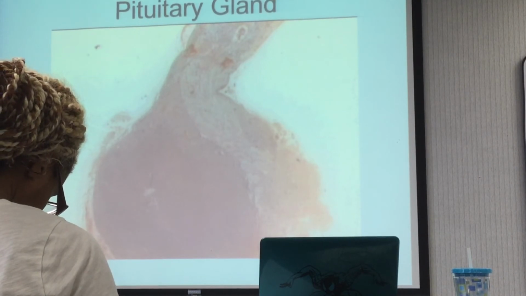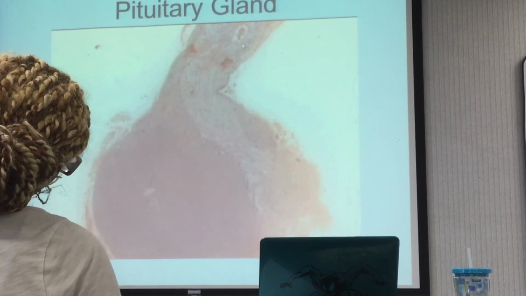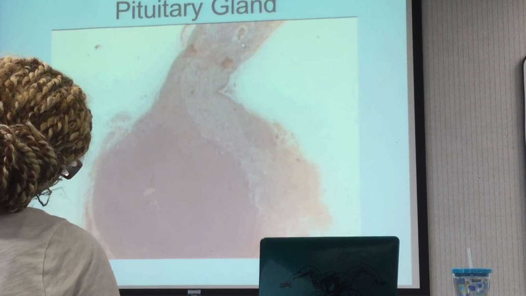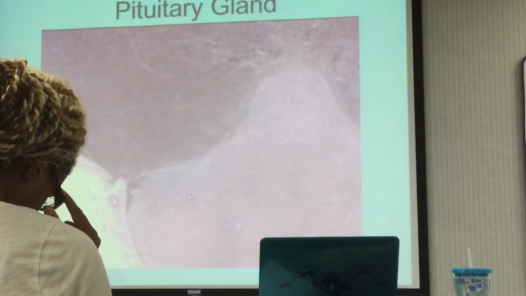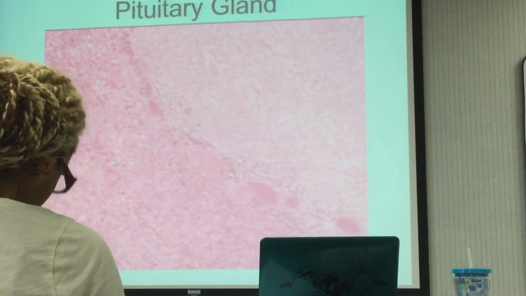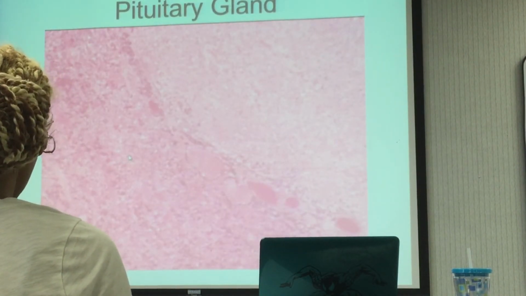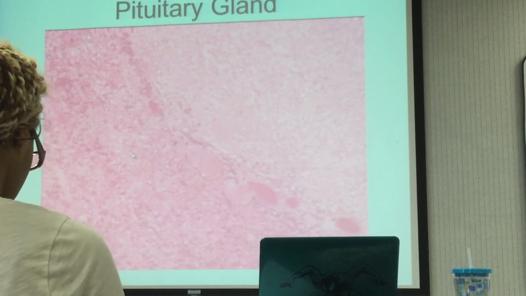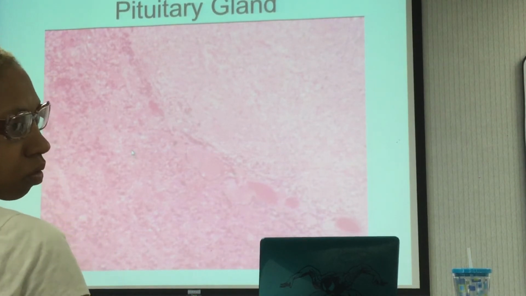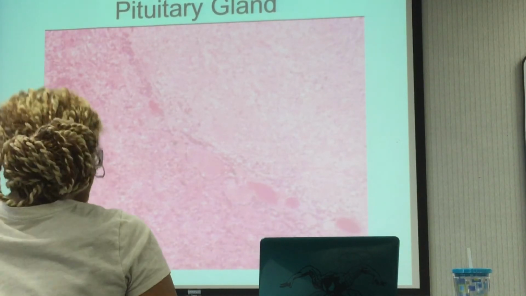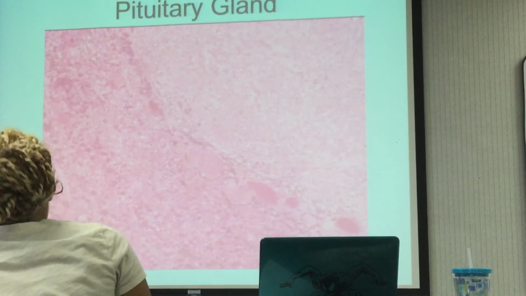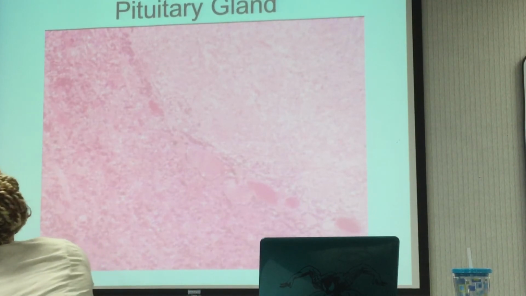So what is this region called? Infundibulum, right? This is pars distalis. I have a slide on the mock practical asking you, is this the acidophils or basophils? Make sure you know what acidophils are and what basophils are, and that you can separate them.